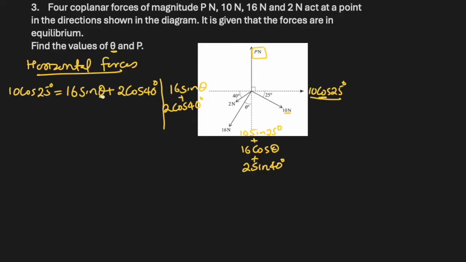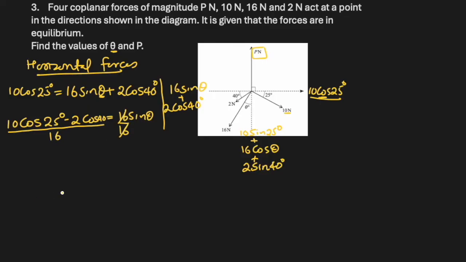So we have to isolate theta here, so let's keep 16 sin theta here and bring 2 cos 40 with this 10 cos 25 degrees minus 2 cos 40. Right, now we'll have to get rid of 16 to isolate theta later.